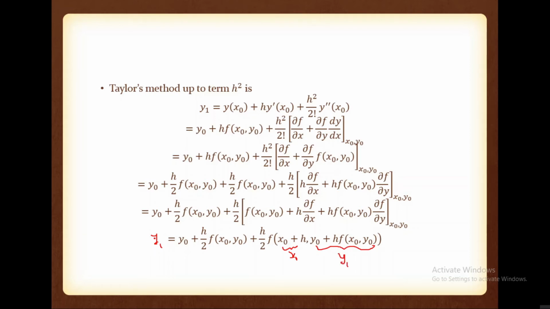So we are finding y1 using y1 itself, means this is the previous value y1 of 0 and this is the new value, means this equation is nothing but modified Euler's method. This is actually modified Euler's method, but here it is derived in a different manner. So here it is Runge-Kutta method of second order.